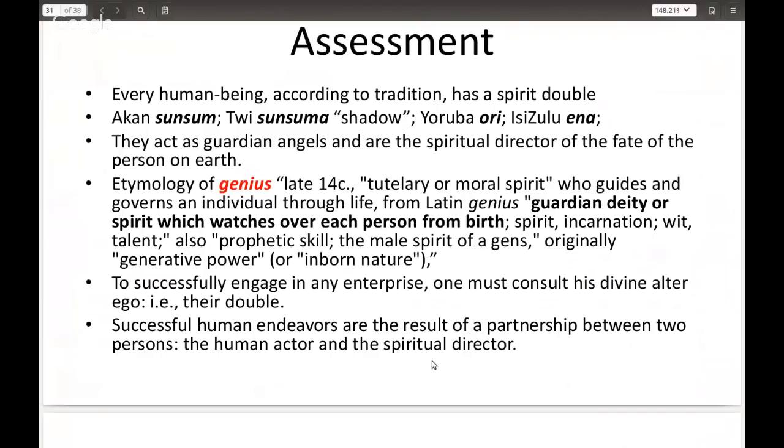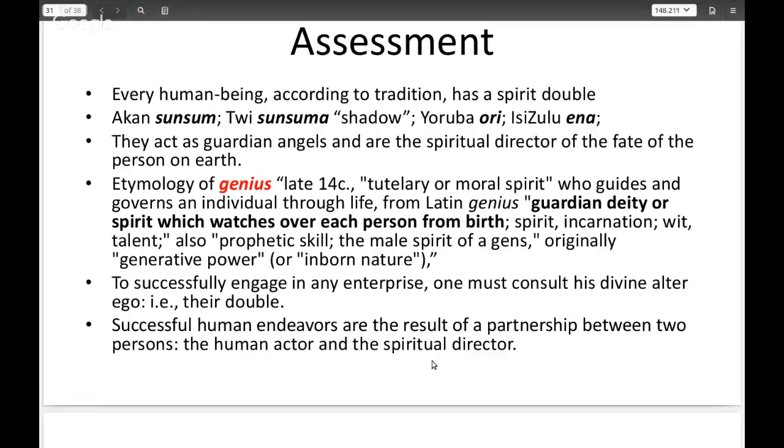As a matter of fact, the word genius in English etymologically refers to a spirit double. It says tutelary or moral spirit who guides and governs an individual through life, from the Latin genius, guardian deity or spirit which watches over each person from birth. Spirit, incarnation, wit, talent.